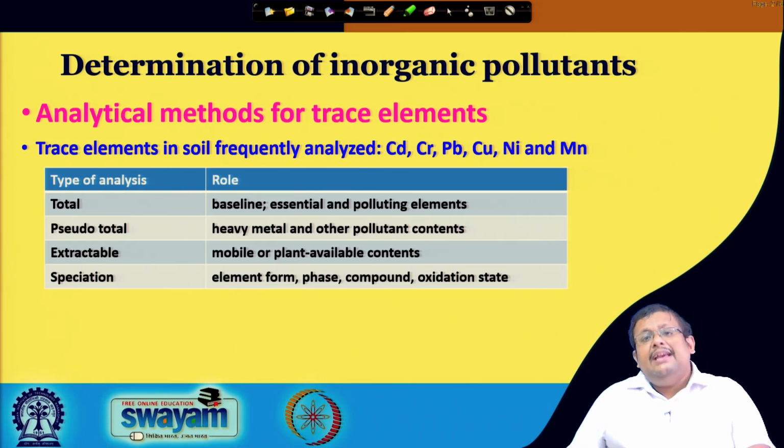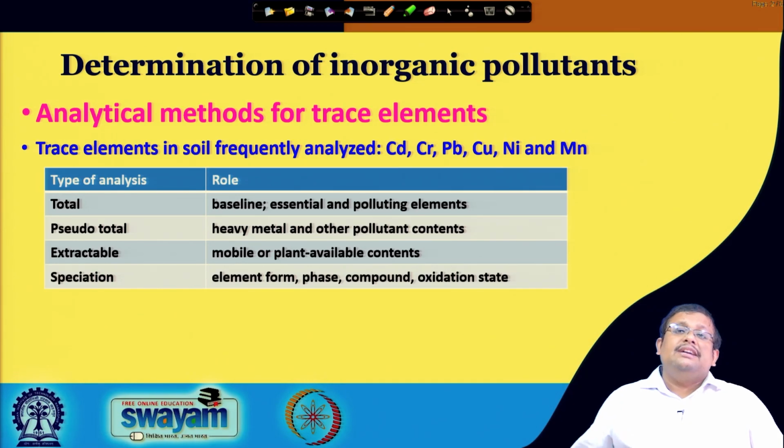So, depending on the type of analysis, there are different types of naming. For example, the total analysis. The total analysis is basically the baseline analysis, and it is essential for all the pollutant elements.